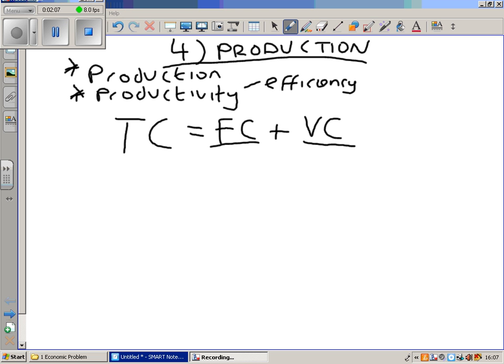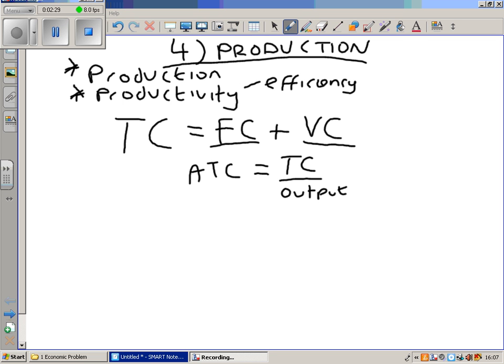Now what we also need to consider is average total costs. We work these out by total costs divided by output. So we work out the total cost divided by how much we produced to work out our average total cost.